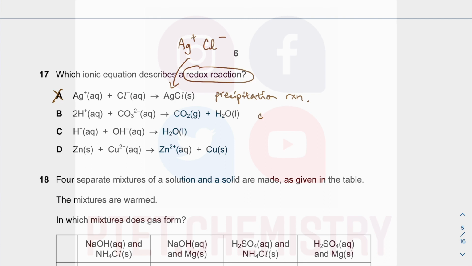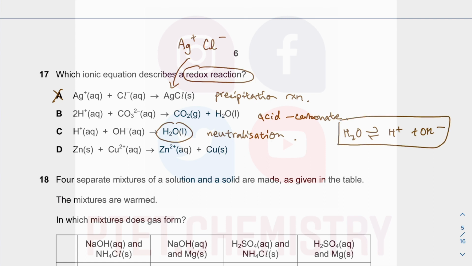Next is an acid carbonate reaction. An acid carbonate reaction is not a redox reaction, and I'll show you in a little bit why. The next one is a neutralization reaction. As you know, whenever you do electrolysis with an aqueous solution, you always have H plus and OH minus, because this equilibrium exists in reality.